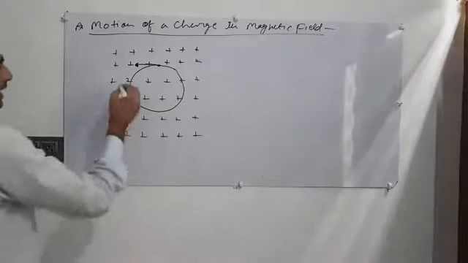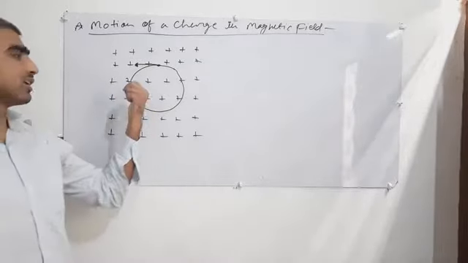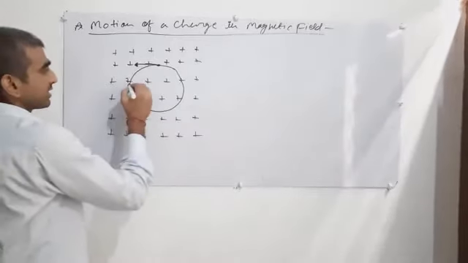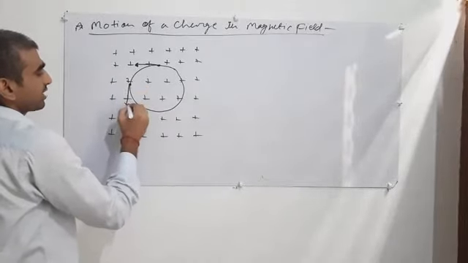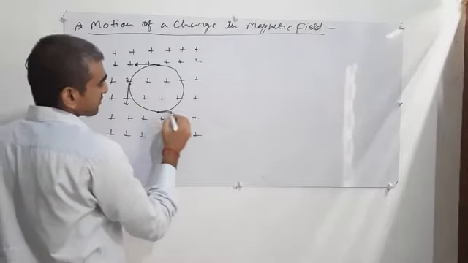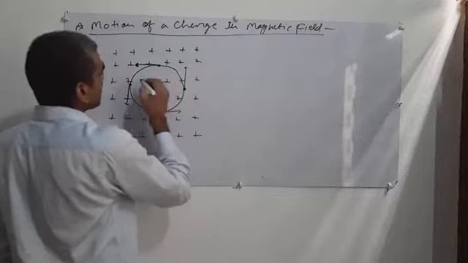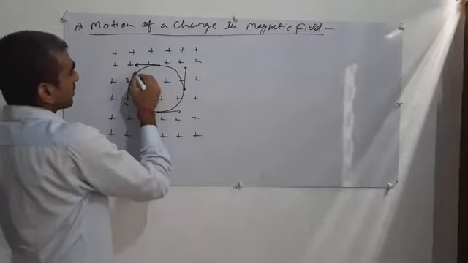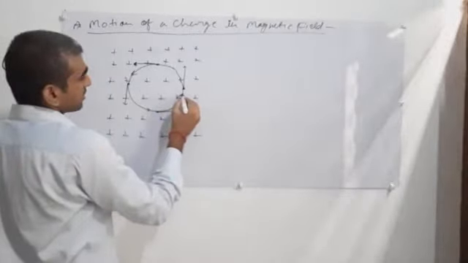Same as you studied earlier in circular motion, at this point the direction of the charge is this, and at this point the direction is this. That means our direction of moving is anti-clockwise.